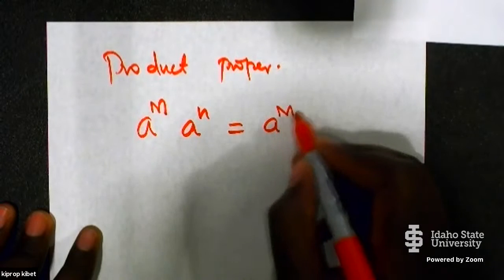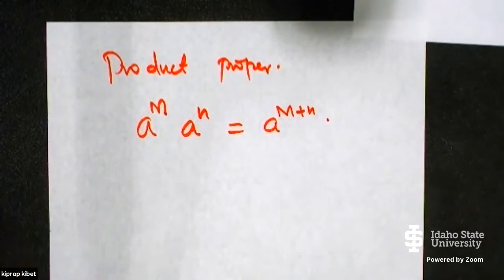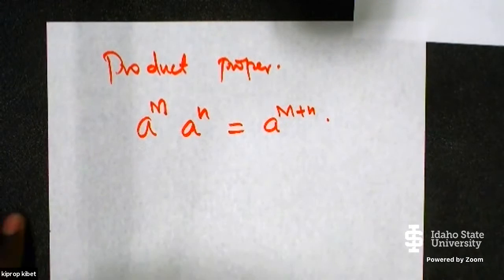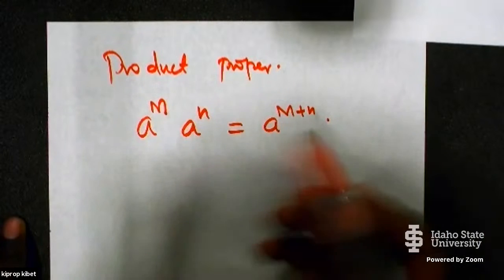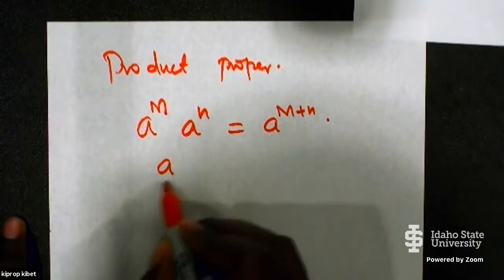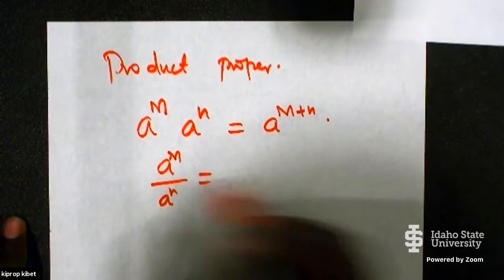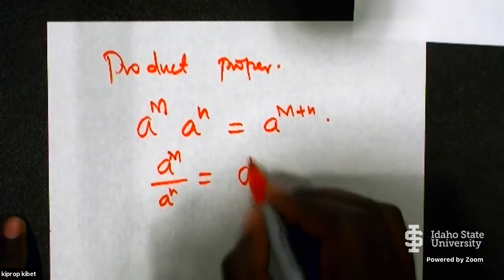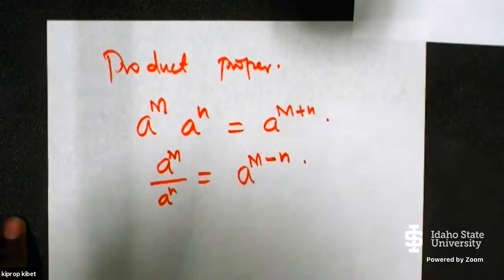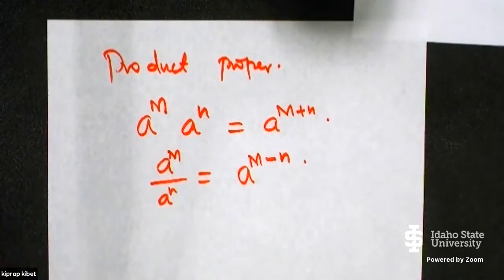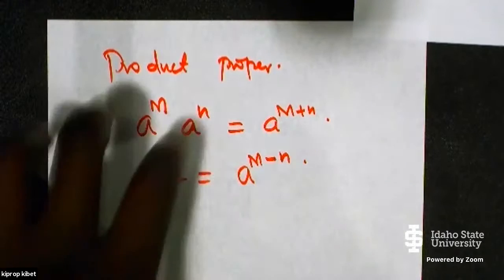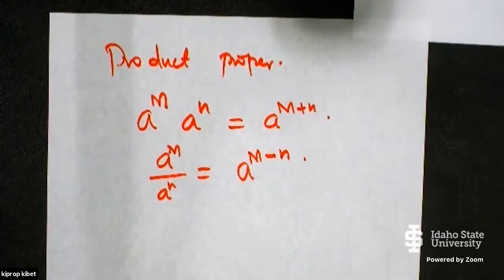A^(M plus N), right? Then, if you still remember the quotient property, let's say A^M all over A^N is similar to what? A^(M minus N). So those are the properties that we did. So we are going to apply these properties now in the radical or rational expressions.